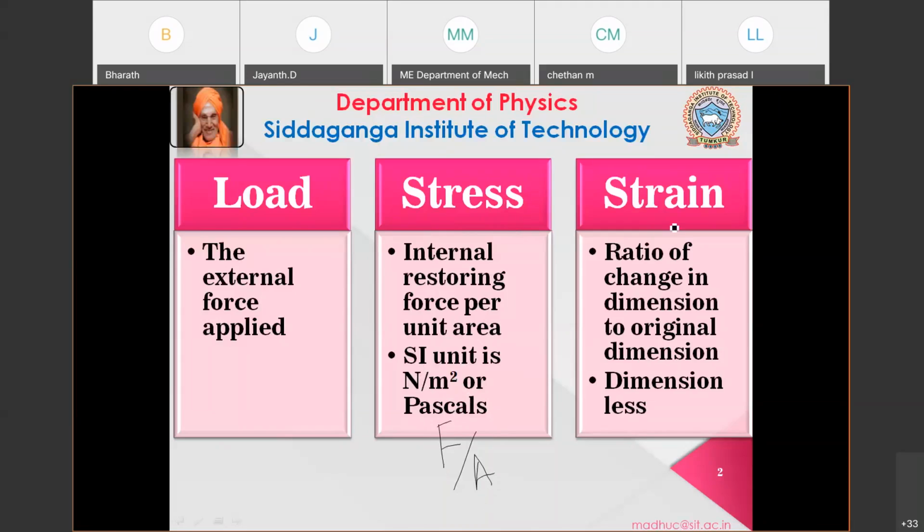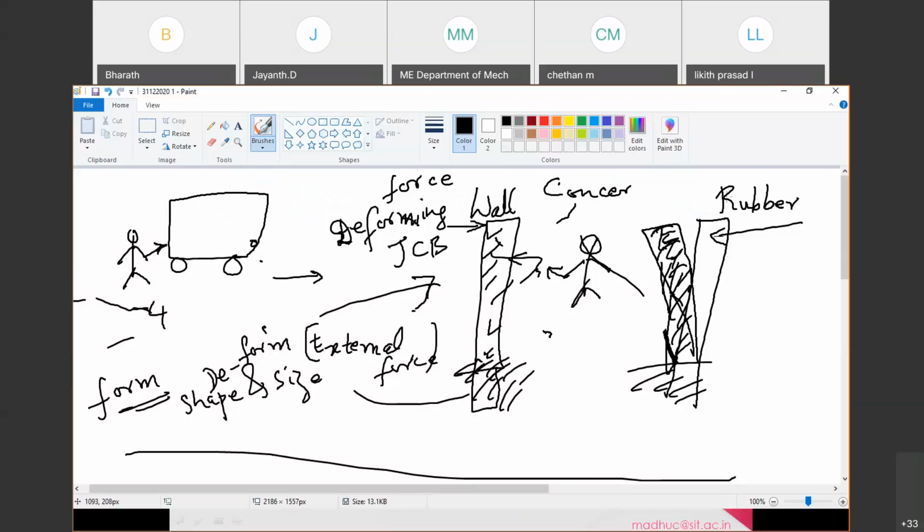Then what is the strain? Strain is whatever change occurs for the given material. I told you this rubber is pushed like this. What happens if I remove the force? It may just come and sit here, so it is not the same position.